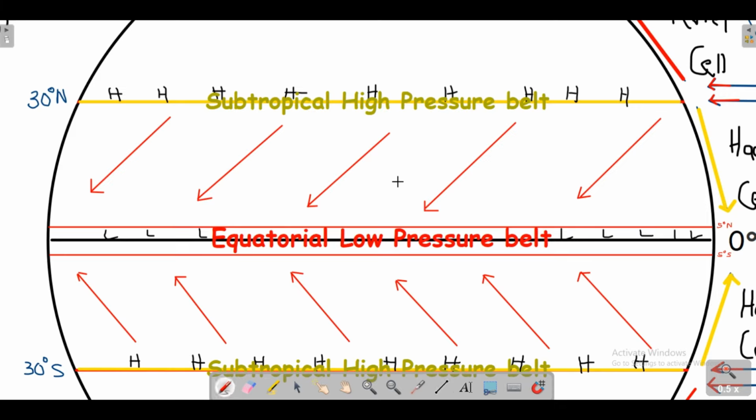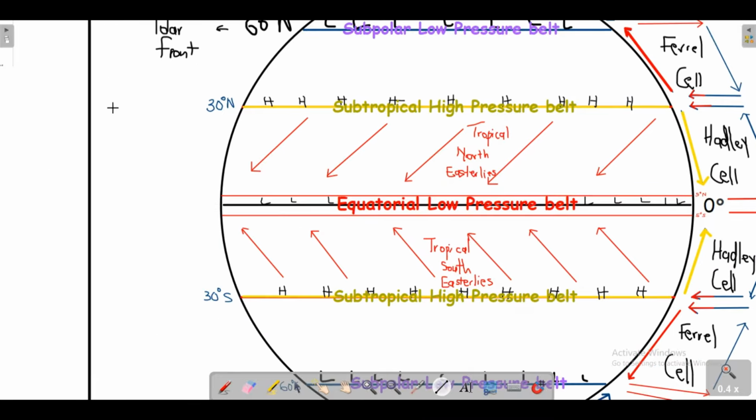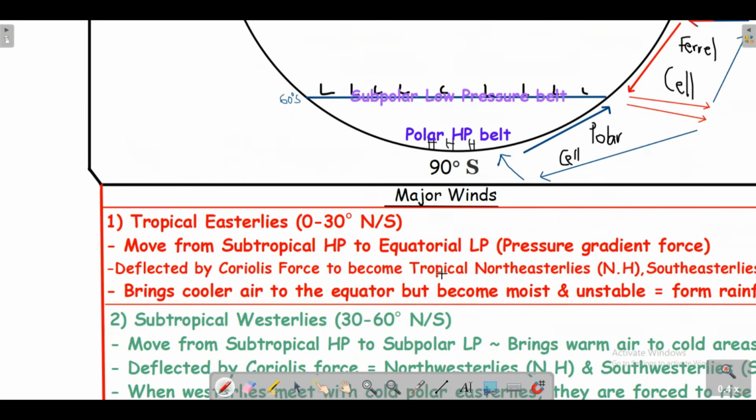So these are your tropical northeasterlies because they exist in the tropical regions, and this is your tropical southeasterlies. All in all, the winds that blow from 0 to 30 degrees, we call them easterlies, because they all come from the eastern side. We call them tropical easterlies, and there we go.